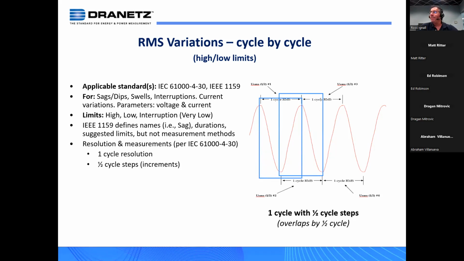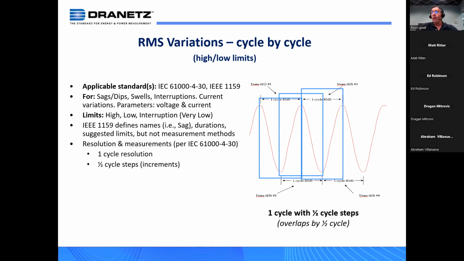And the cycle after that will be another half cycle increment. So you can see here the meter is measuring one cycle at a time, but incremented at half cycle increments. Hopefully the way I drew it out is clear here. That's URMS 1/2, the technical term for that.